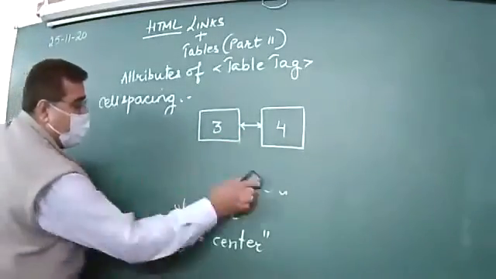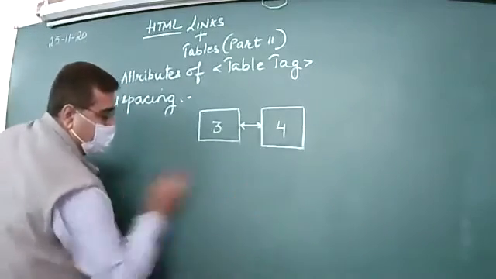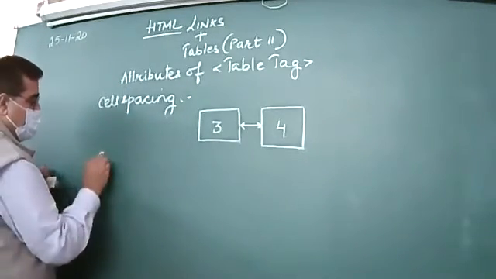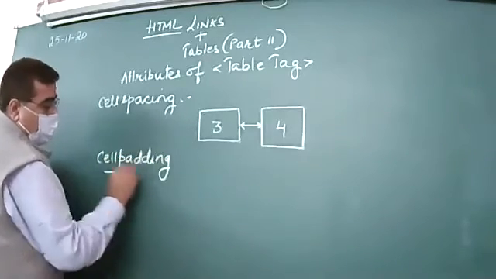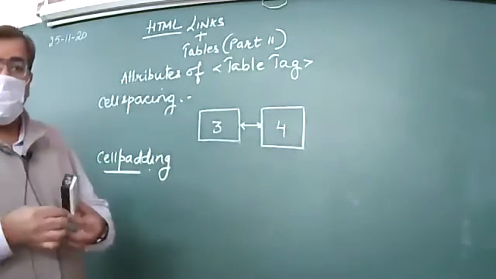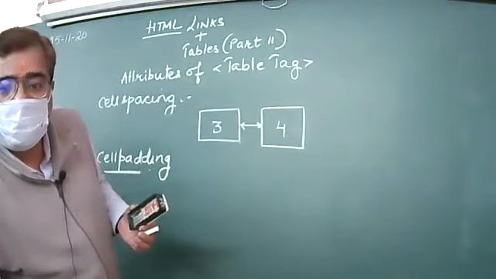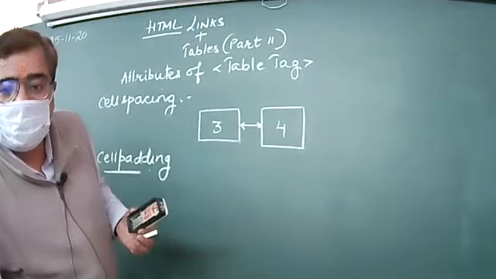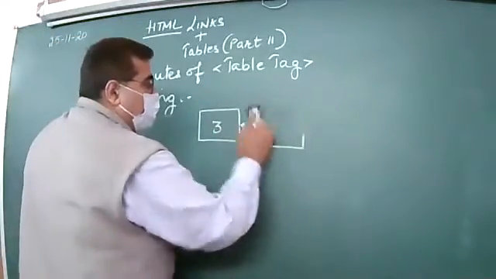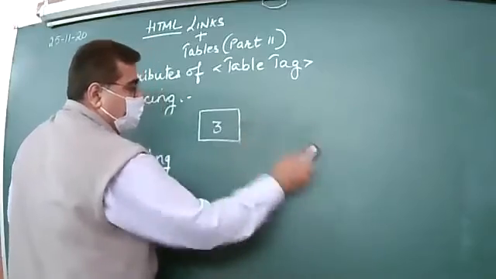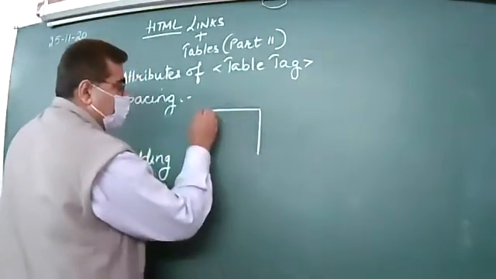Now moving over to the next attribute, that is cell padding. Cell padding means the space between the content of the cell and the border of the cell, right? Now again I change the figure over here. This is one cell.